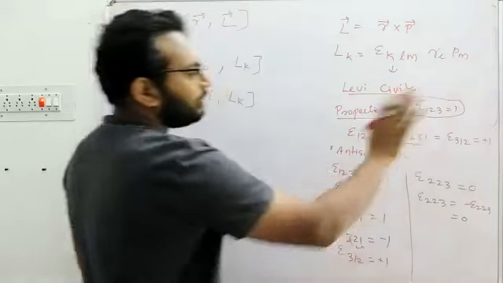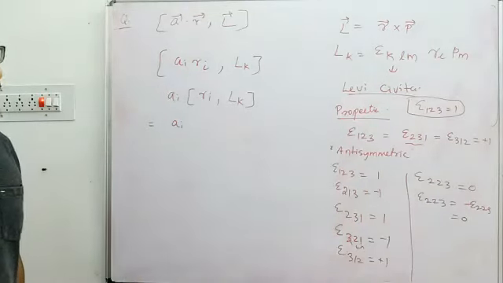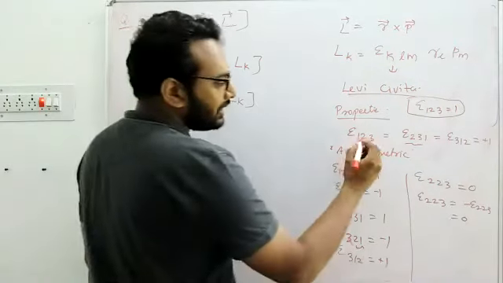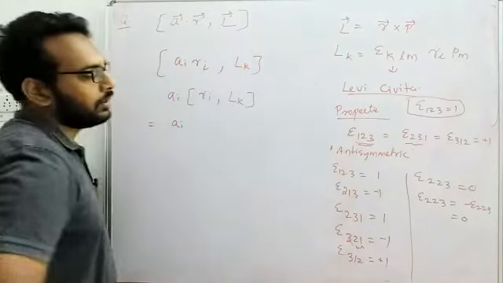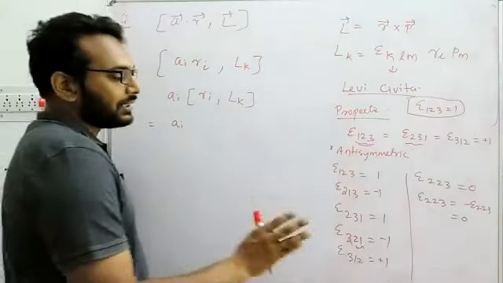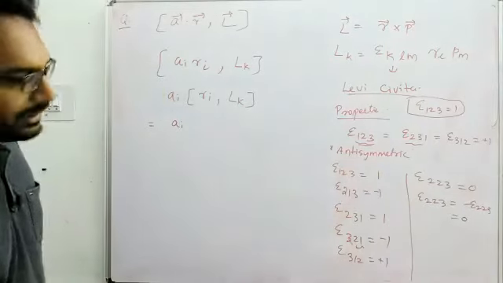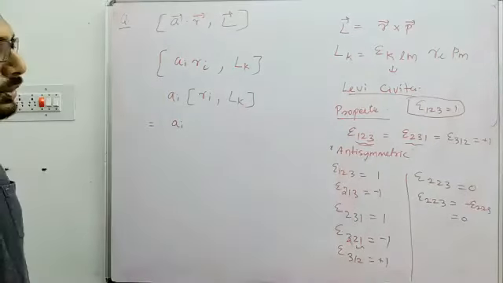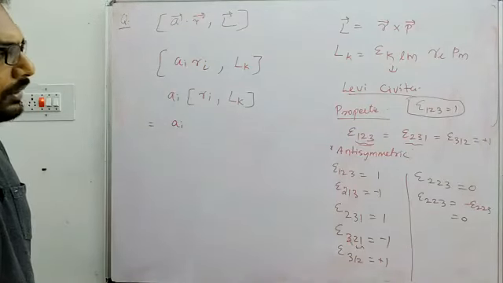So if you have a Levi-Civita and any two indices are the same, it's equal to 0. The only non-zero terms are those for which all the indices are different, like 1, 2, 3. And whenever you make an interchange of two indices, you just add a minus sign. That's all. Is that all right?